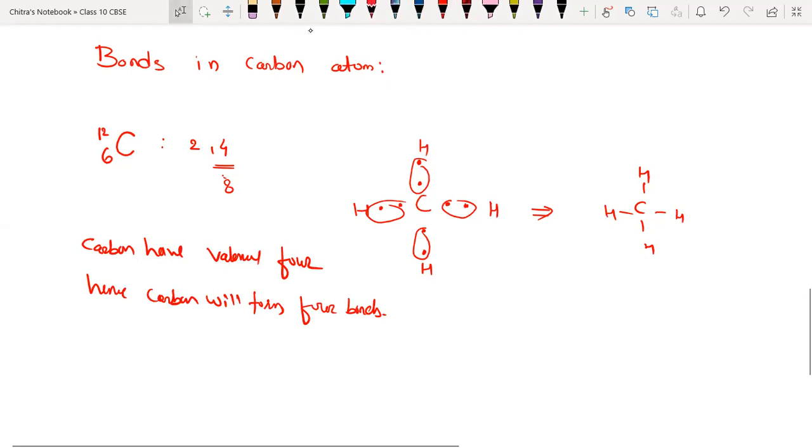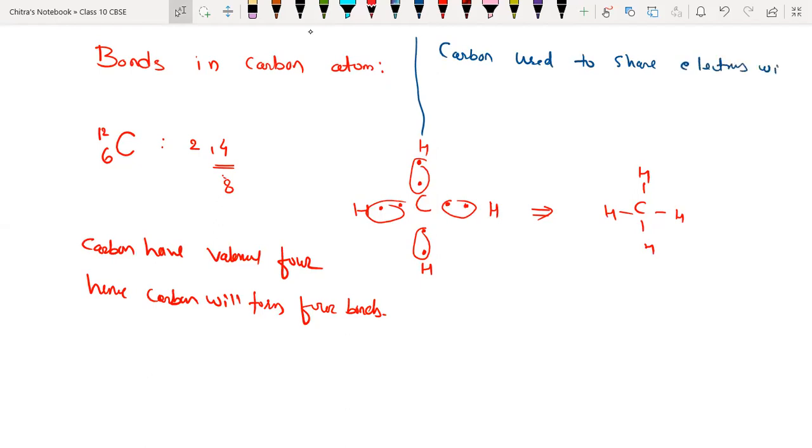Next point I am writing over here. Carbon shares electrons with other atoms to form covalent bonds. Sometimes carbon shares electrons with other carbon.